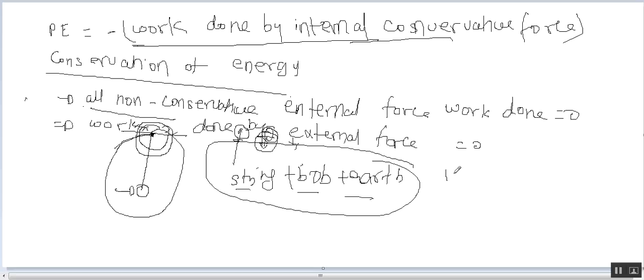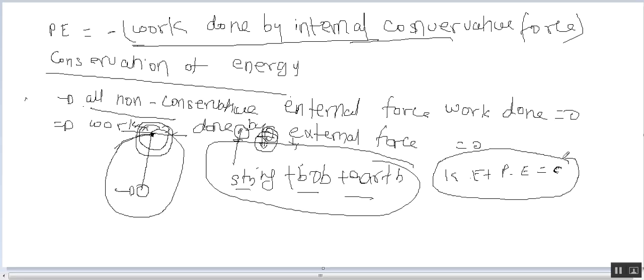Then kinetic energy plus potential energy is going to be constant.